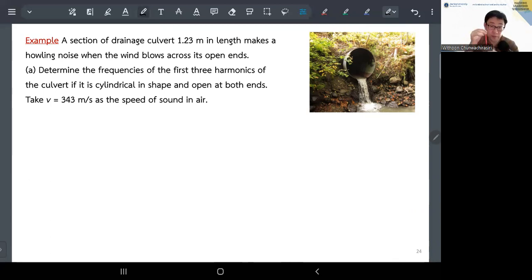The same thing will happen in any tube or pipe. If you have air blowing in front of it or on top of it, you generate turbulence in the air. So eventually there will be some frequency or wavelength that gives you those standing wave conditions.